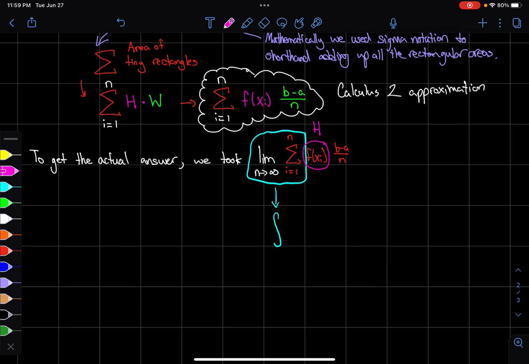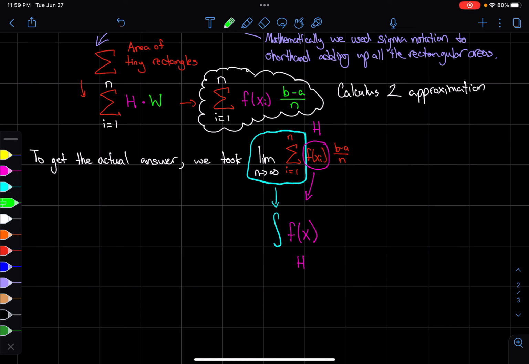Well, if we have infinite rectangles, that means we have infinite x values, and so we're not picking just for x sub i, we're not picking just for the first one or the second one or the third one. We have to be able to calculate the height of the rectangles for any x value we want, right? For infinitely many of them. So that becomes f of x. This is still going to be the height of our rectangle.